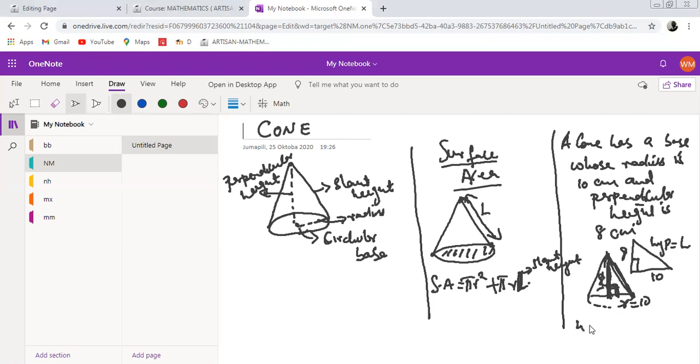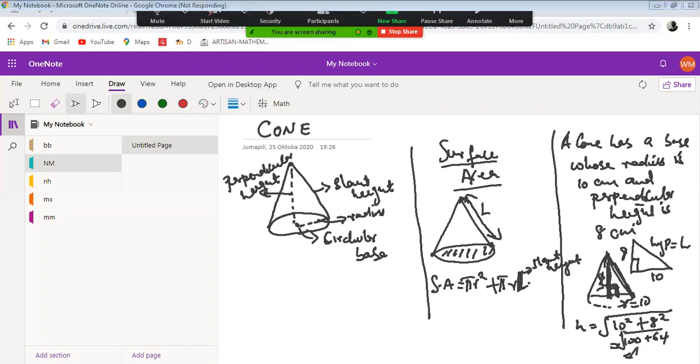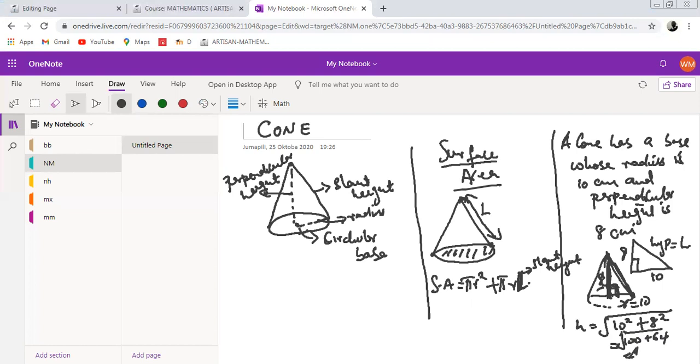The hypotenuse is given by the square root of the base squared, which is 10 squared, plus the height squared, which is 8 squared. So it is going to be 100 plus 64. We take the square root of 164.